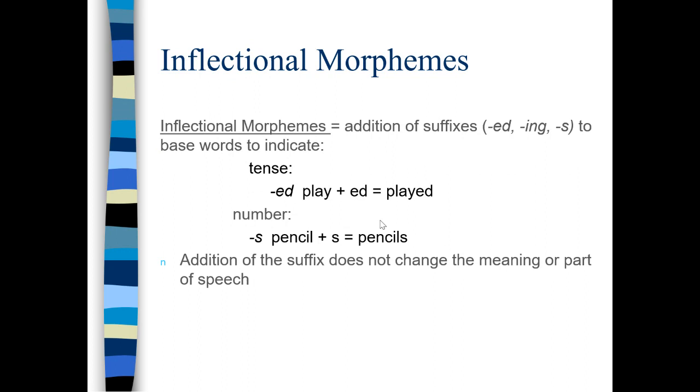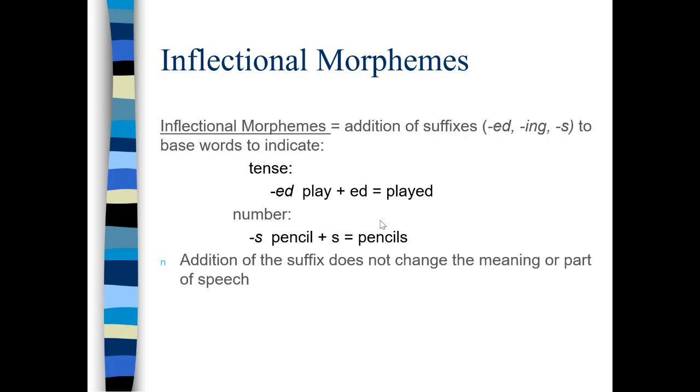Inflectional morphemes are when we add suffixes to the end of base words to change the tense or the number of something. Remember, suffixes are those that come at the end of a word.